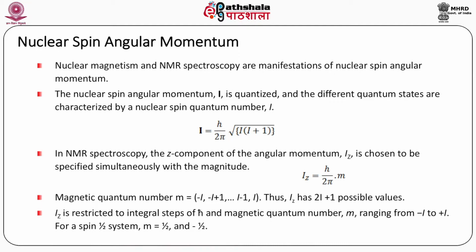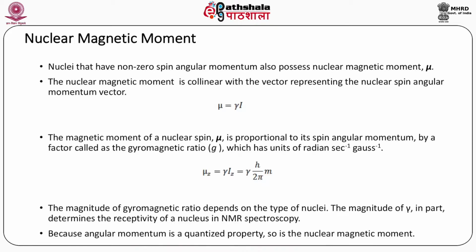Iz is equal to h cross times m, where m is the magnetic quantum number and it has values from minus I to plus I, which are in total 2I plus 1 possible values. Iz is restricted to integral steps of h cross and magnetic quantum number m ranging from minus I to plus I. For a spin half system, m has two values of plus half and minus half.